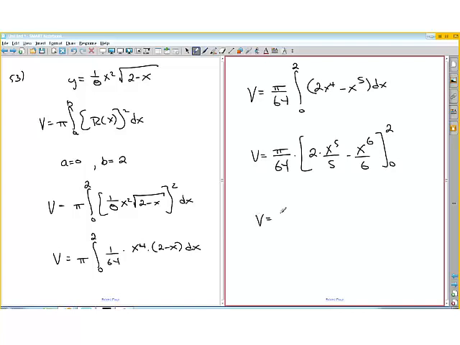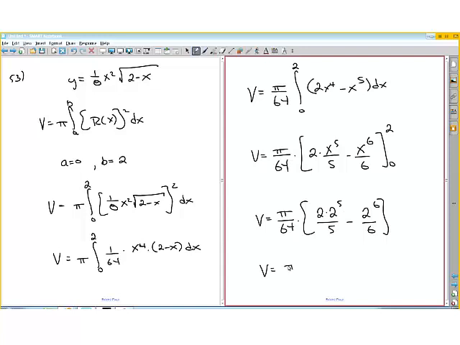So we get V is equal to pi over 64 times 2 times 2 to the 5th over 5 minus 2 to the 6th over 6. Well, it turns out 2 times 2 to the 5th is the same as 2 to the 6th. So what is 2 to the 6th? 2 times 2 times 2 is 8, and if you square that, 2 cubed squared, we get 8 squared, which is 64.